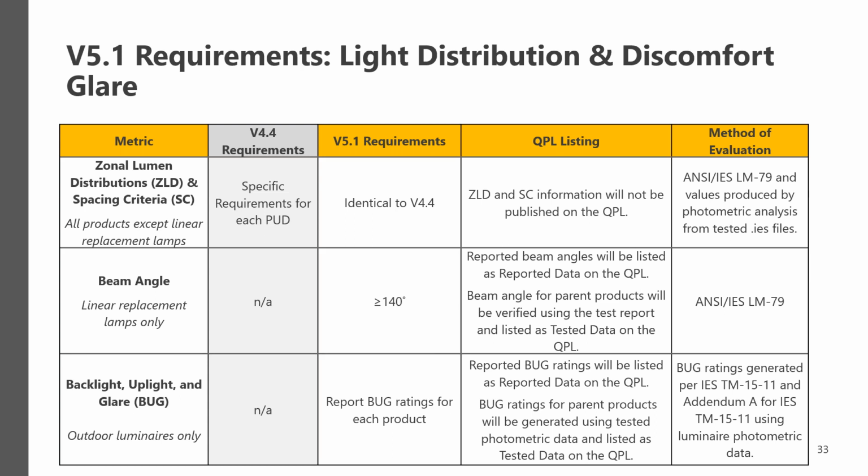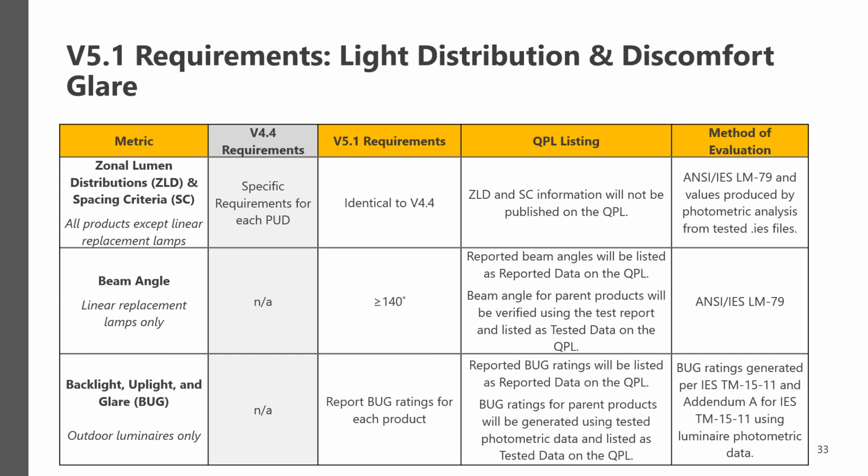The specific spacing criteria are listed in the technical requirement tables for each primary use designation. So please refer to the technical requirement tables for the detailed zonal lumen distribution and spacing criteria requirements.